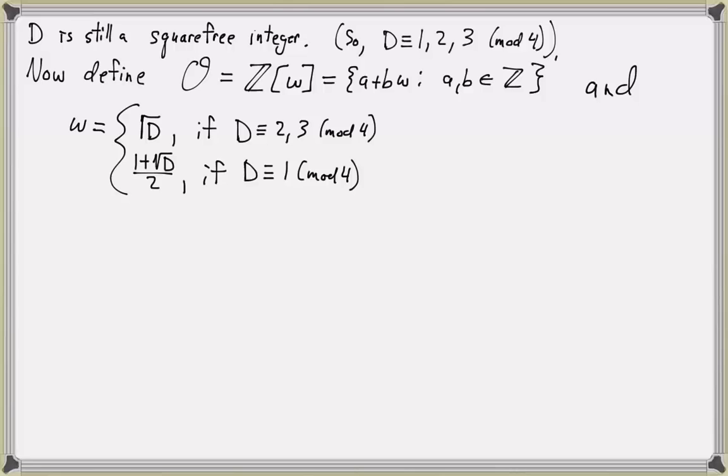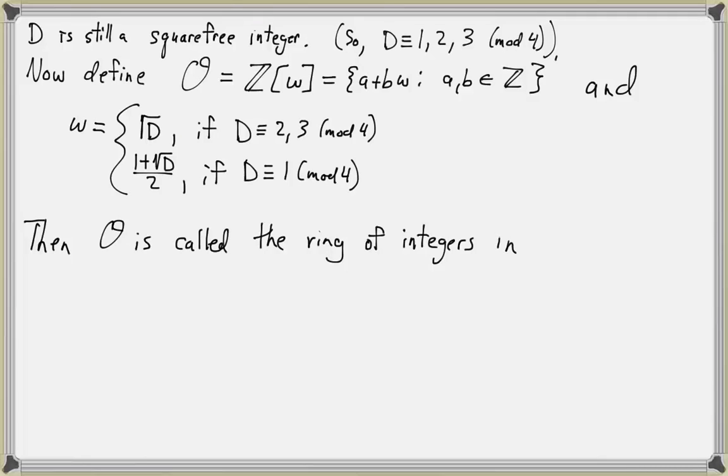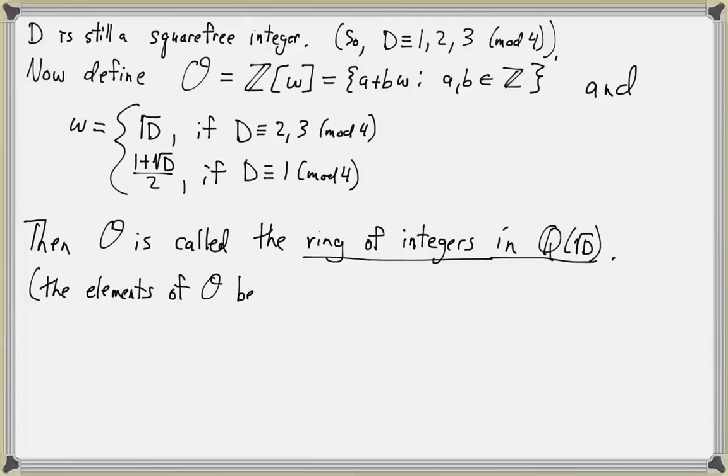In either case, O is a subring of the quadratic field Q adjoin square root of capital D. Then this subring O is called the ring of integers in the quadratic field Q adjoin square root of capital D. And the name comes from the fact that the elements of O behave in the quadratic field Q adjoin square root of capital D with many of the same properties.